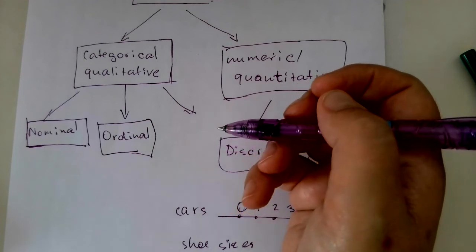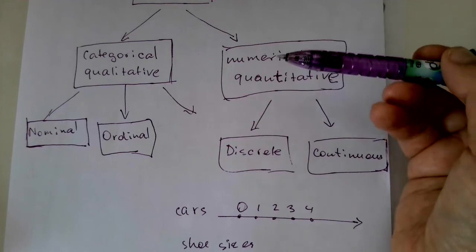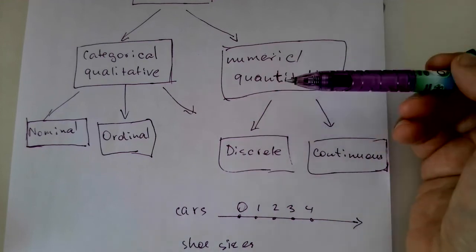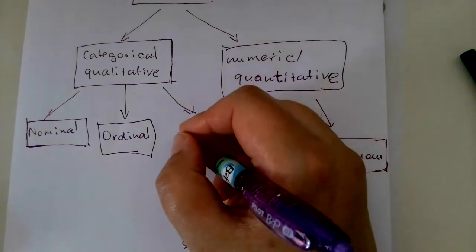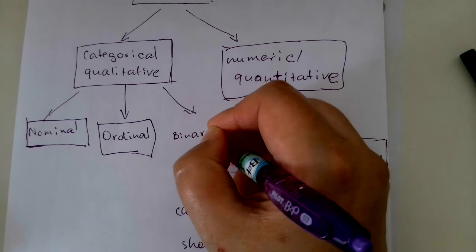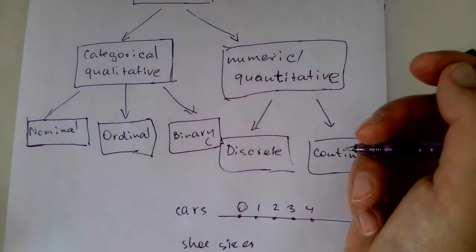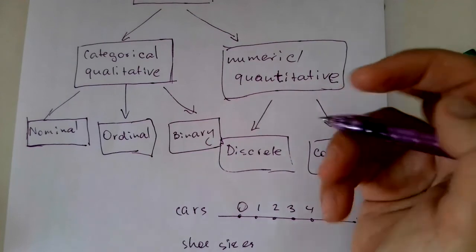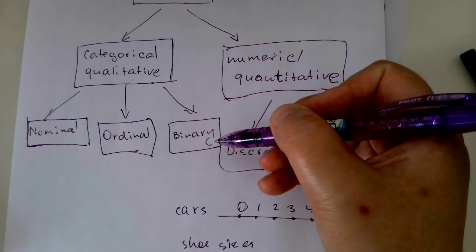We could list them in order from basic to advanced, for example. And the next one is binary. Binary is basically your yes or no questions. Binary has only 2 possible categories. Those are binary.